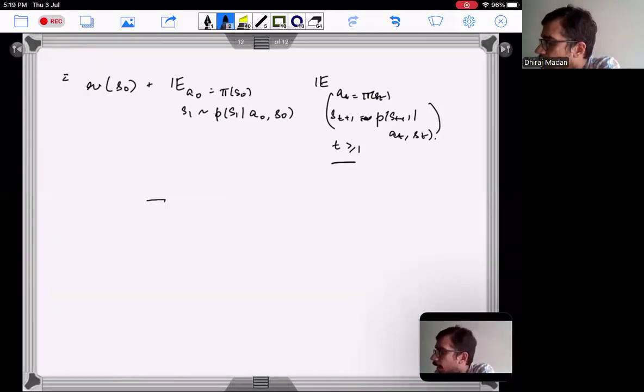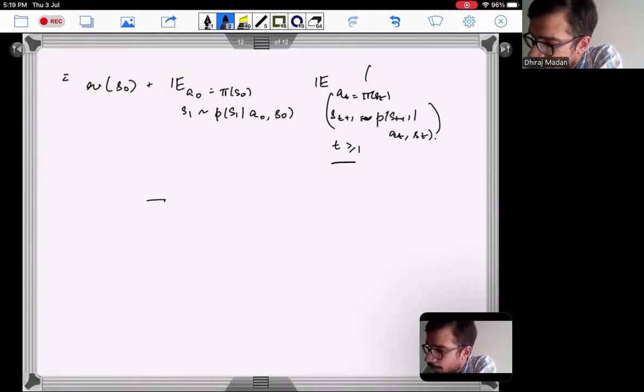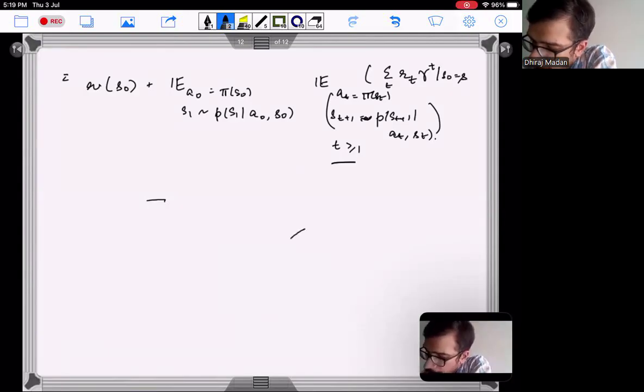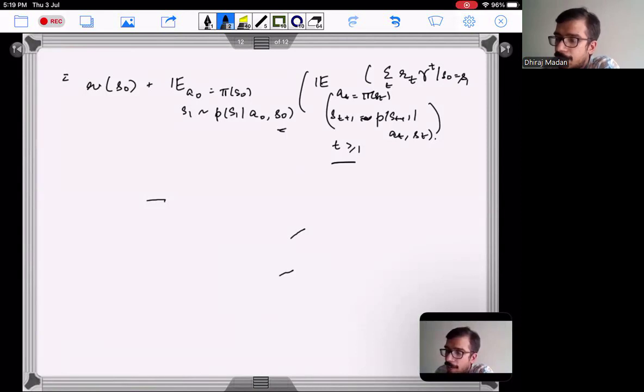So for all those terms, I'm taking a separate expectation. And what I have from here is the sum over t of R_t gamma to the power t, conditioned on S naught is S, and also conditioned on the state S1, which I have already sampled here.